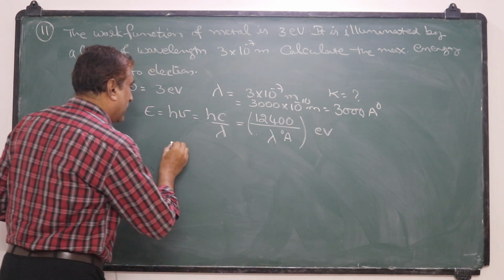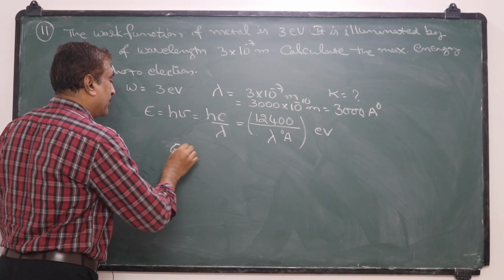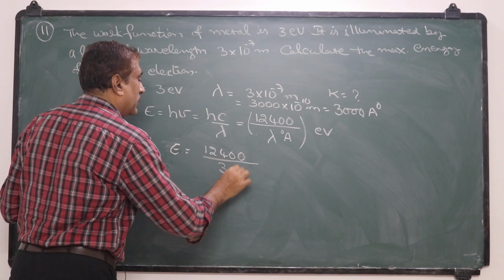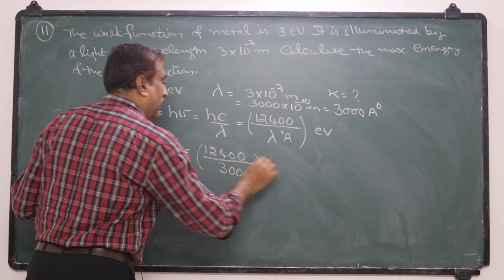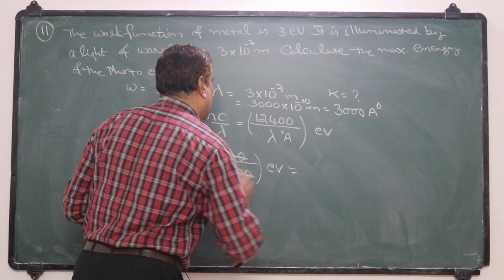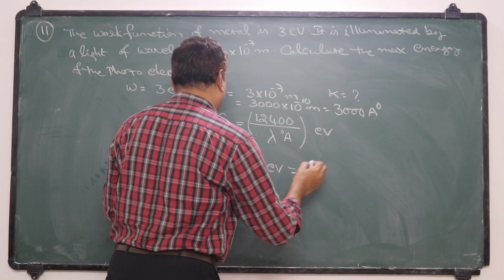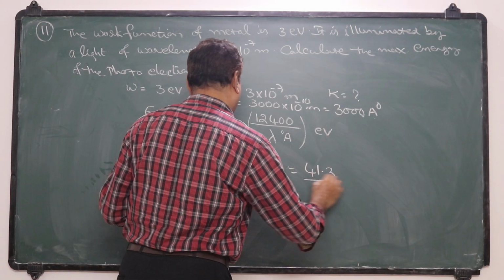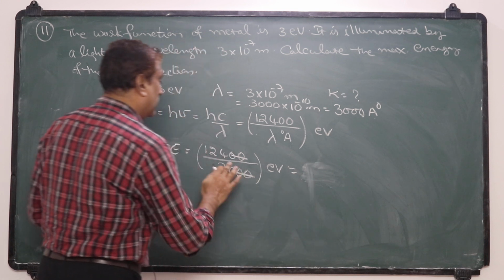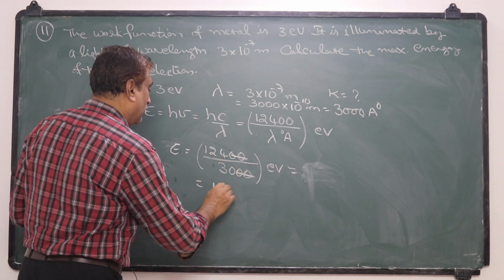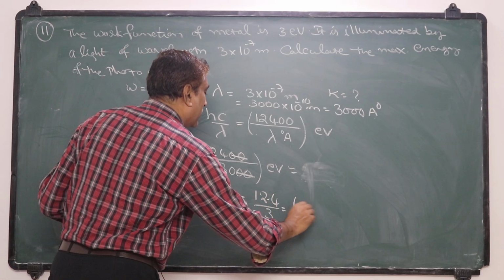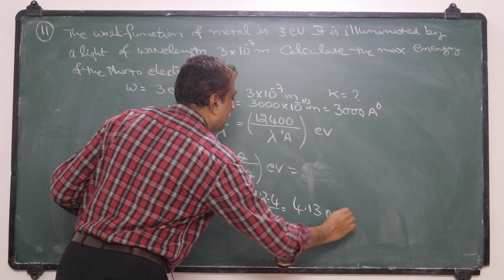So E is equal to 12400 by 3000 electron volt. That is, these two will get cancelled and this is equal to 124 by 30, that is 12.4 by 3, that is 4.13 electron volt.